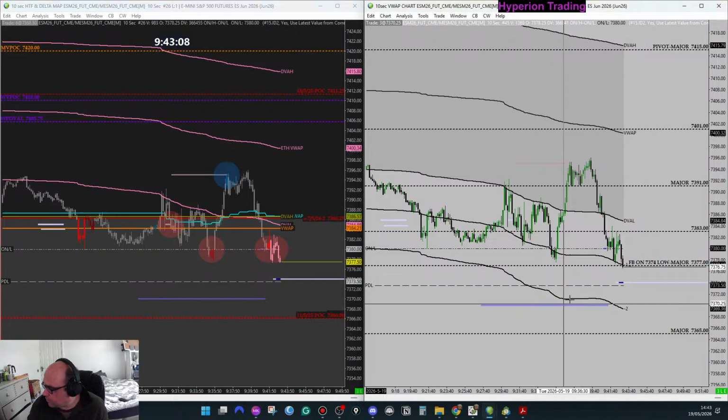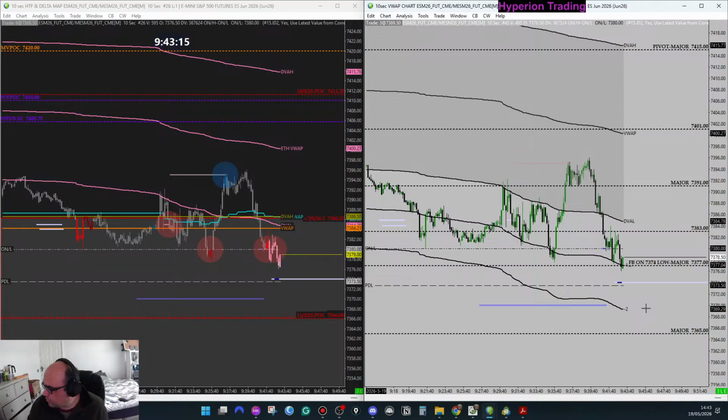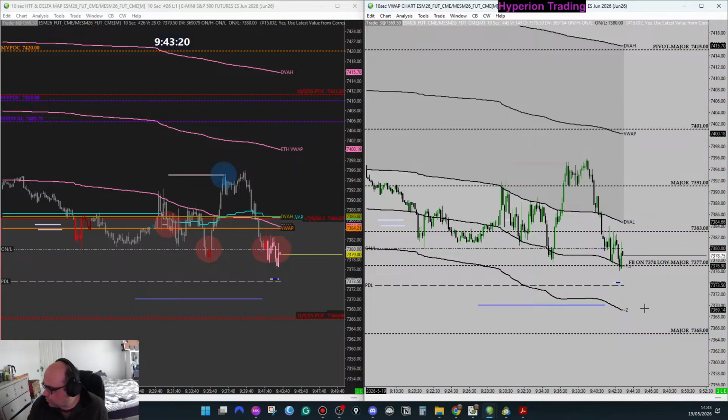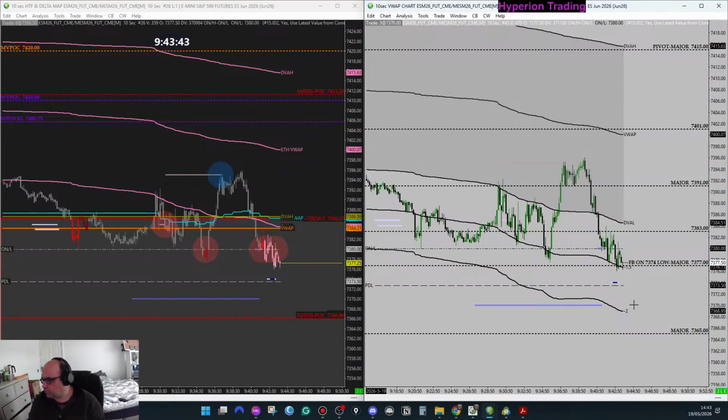So they're going to the external liquidity zones here. Price is continuing despite that they're getting partially absorbed.